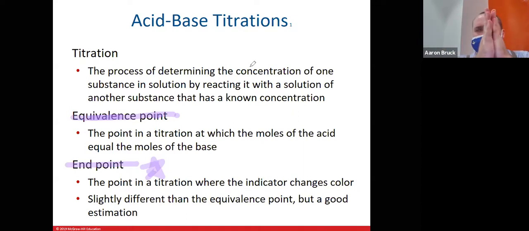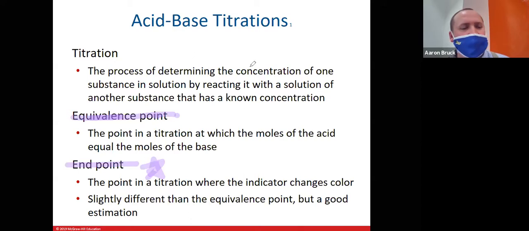Somewhere in the middle, between that magenta pink and that colorless, is this rosy pink transition that tells us, okay, we've seen a color change happen. At that point, that's where our reaction is over. That's our endpoint.